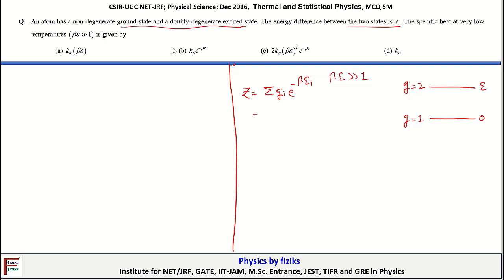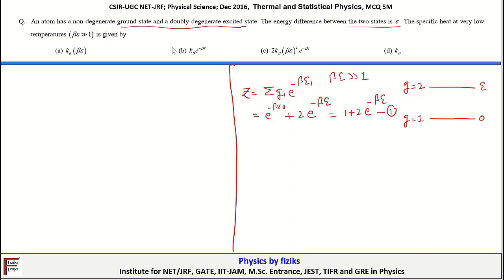Since we have only two energy terms, G1 equal to 1 times exponential minus beta times 0, plus G2, which is 2, times exponential minus beta E. So this is equal to 1 plus 2 exponential minus beta E. So that's our partition function. Let's call this equation 1.